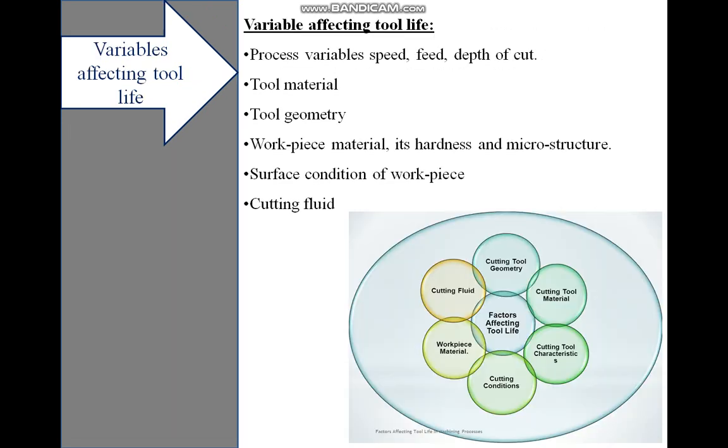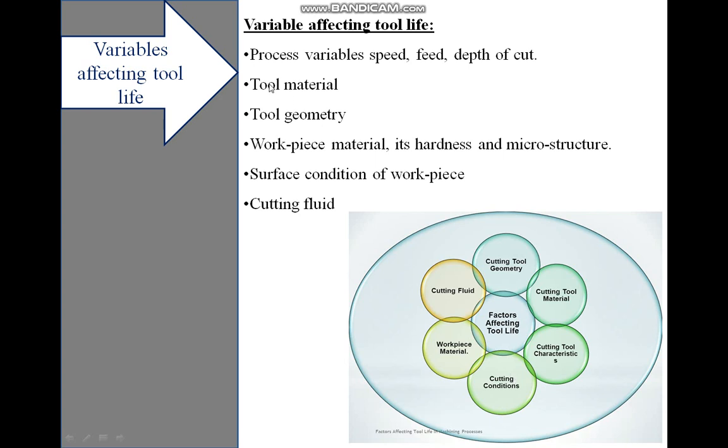Moving further, we will discuss various variables affecting the tool life. As we have discussed, tool wear and tool life are both interrelated. There are many factors which are responsible for wear of the tool. In the same way, there are many factors which determine the tool life. First is process variables, that is cutting conditions: cutting speed, feed rate and depth of cut.